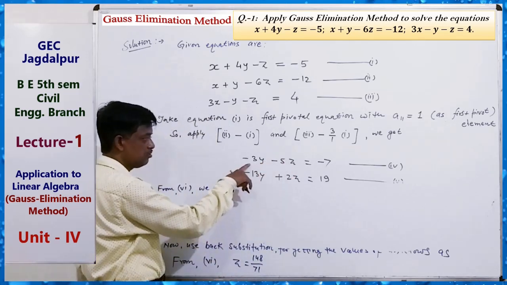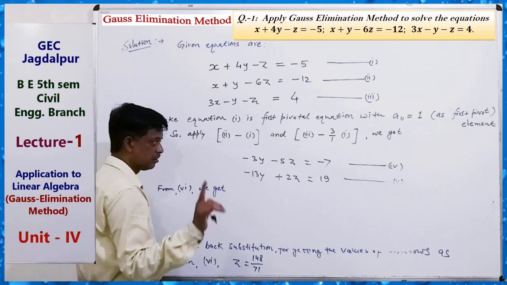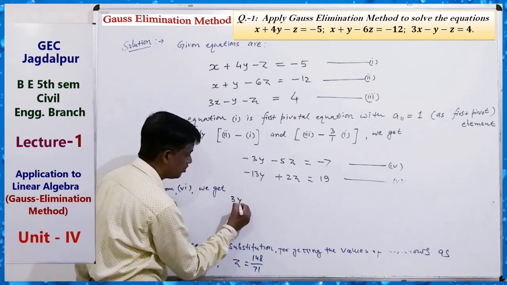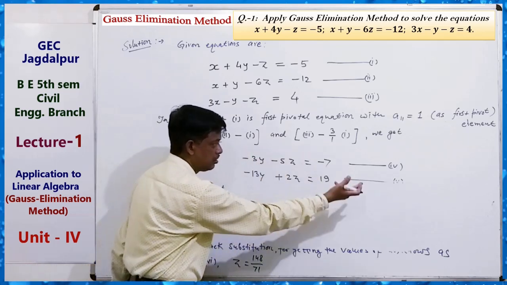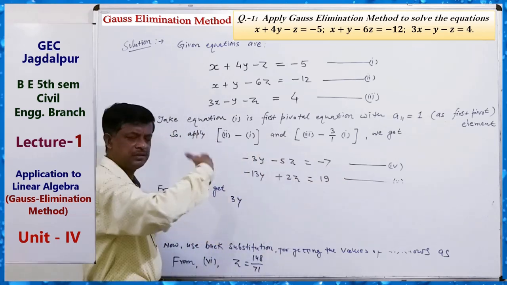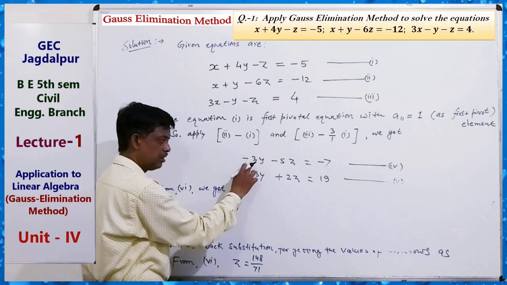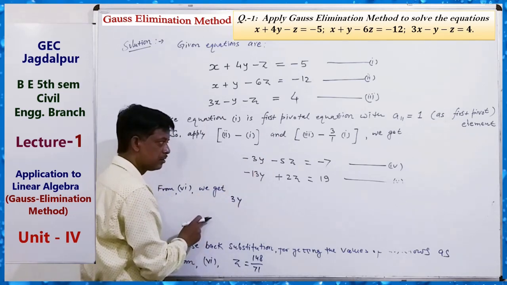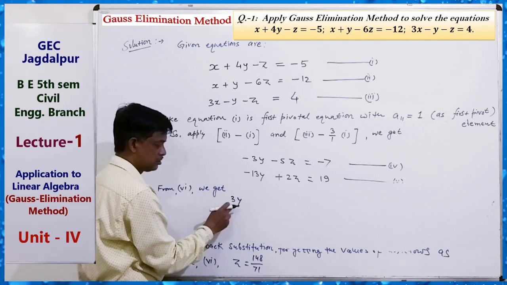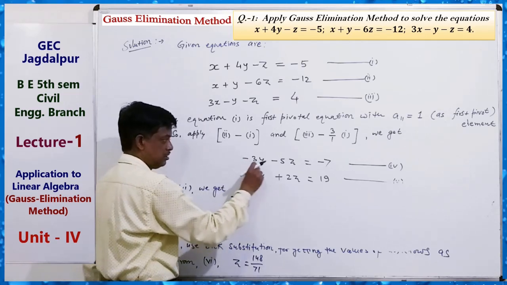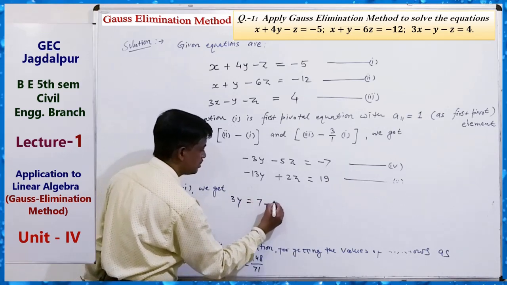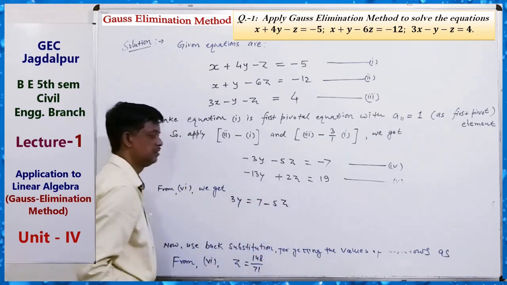So from here we see that 3y equals to, transfer to the right hand side, that is 7 minus 5z.